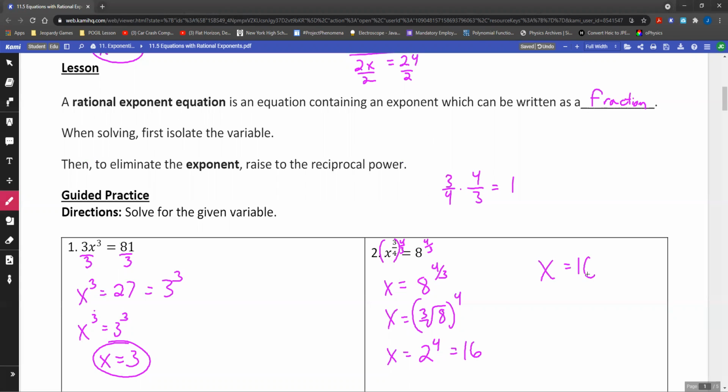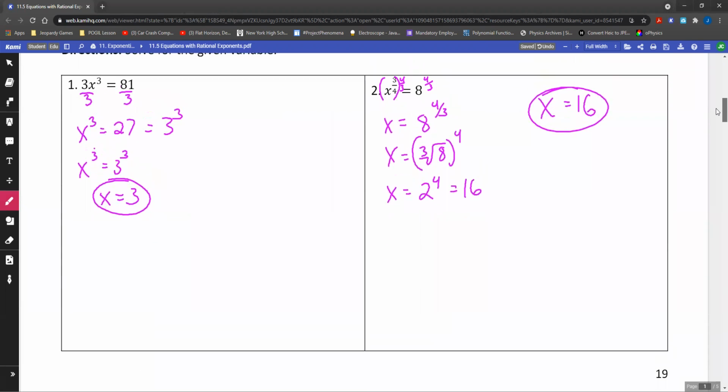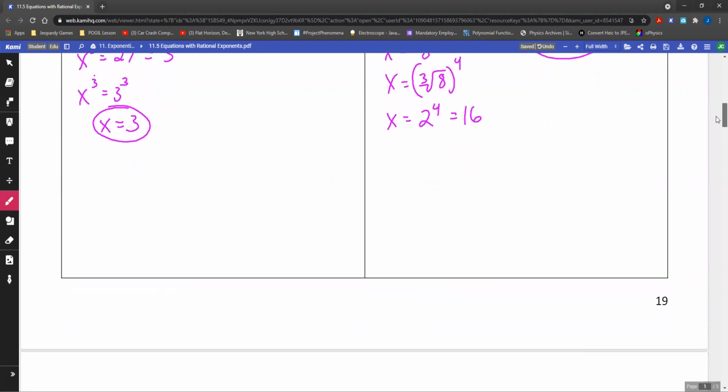So what we get is that x equals 16. This is how you're supposed to go about answering these types of questions. You get rid of all the terms that are on the x, isolate it, then multiply both sides by the reciprocal of whatever exponent is on x, and then you simplify whatever you can.